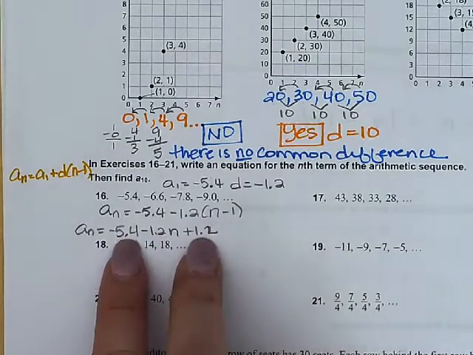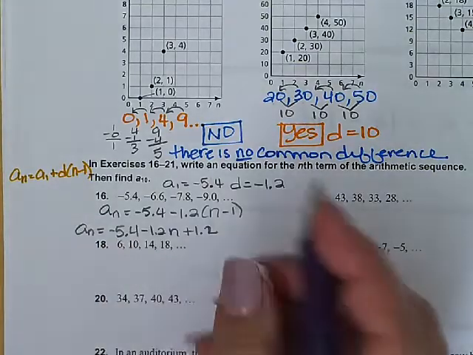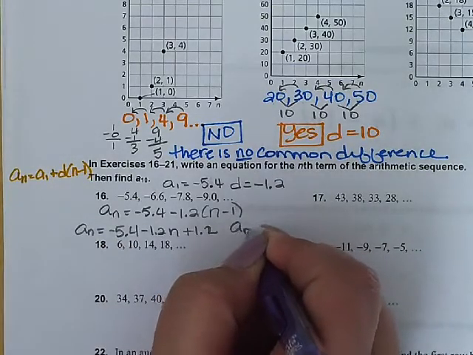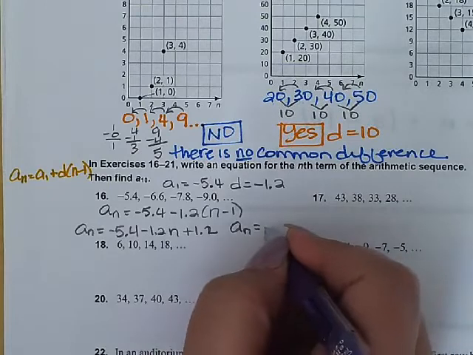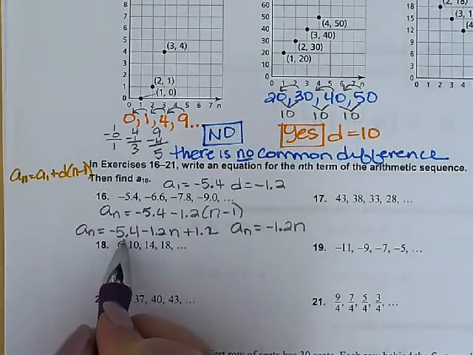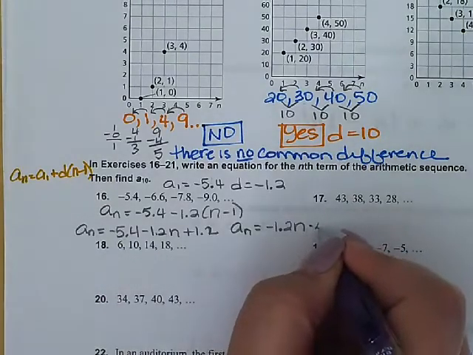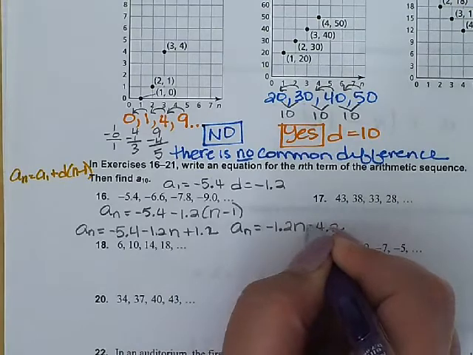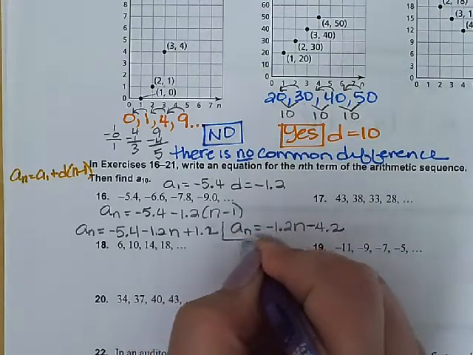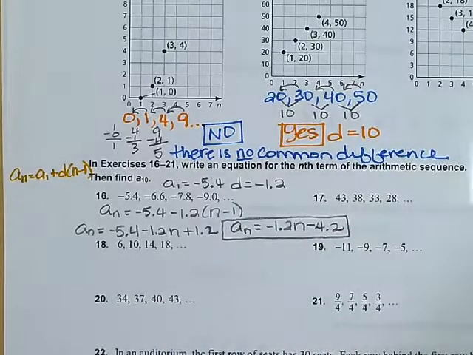And pretty much always what will happen is that these guys are like terms and you'll be able to combine them. Okay, and so when this is all said and done, our simplified best version of this is negative 1.2n, and then when I combine that negative 5.4 and that positive 1.2, I should get a negative 4.2, and that's a minus, and that is the formula or the equation.